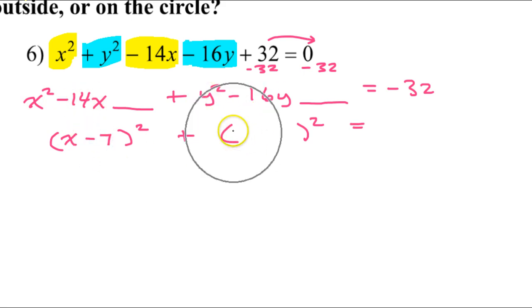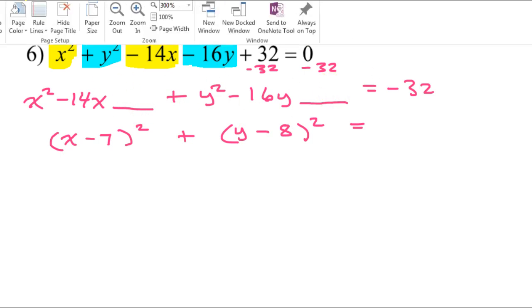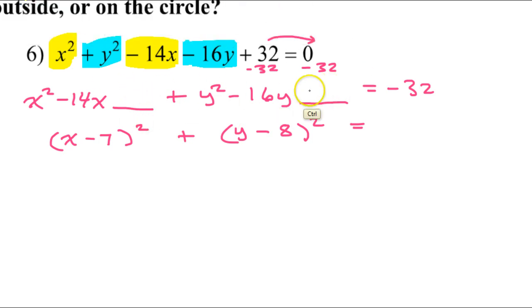Okay, and then same thing over here, I'm going to have y for sure, and then I'll have half of this, so that'll be negative 8. Alright, now I have to come up here and complete the square, meaning I need to fill in the blanks here. I get that by taking the number in the parentheses and squaring it. So imagine if this x wasn't here, I would have negative 7 squared. And that would be positive 49, which I must put here and here.